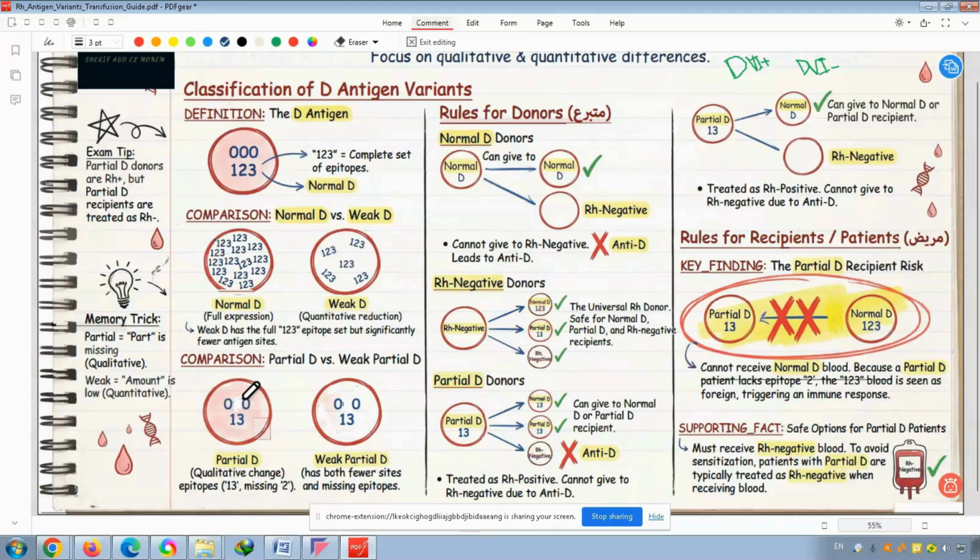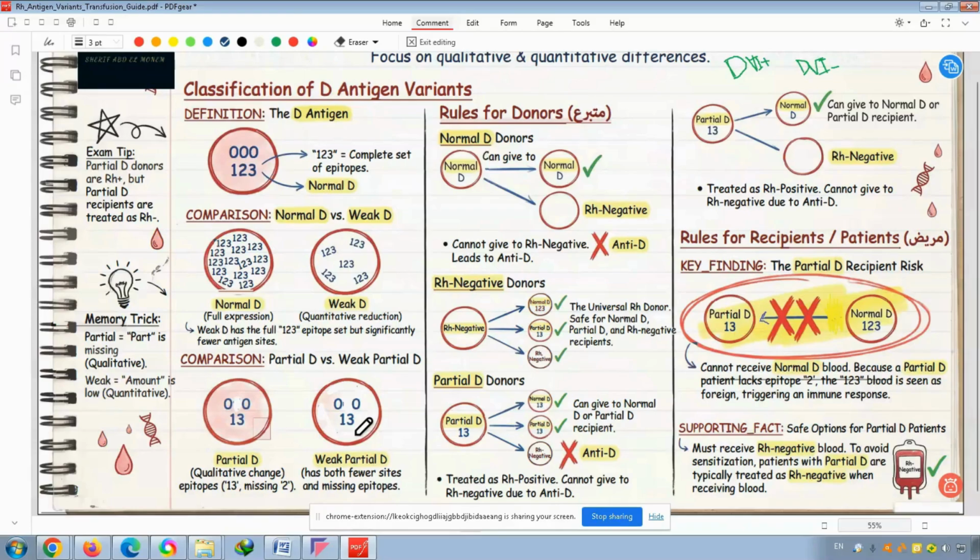But the amount of antigen on the cells is normal, meaning, let's assume it has this large normal quantity here, and we removed from them all part number 2. So it is a structure missing a part, but the quantity is normal. And this is what we call partial.